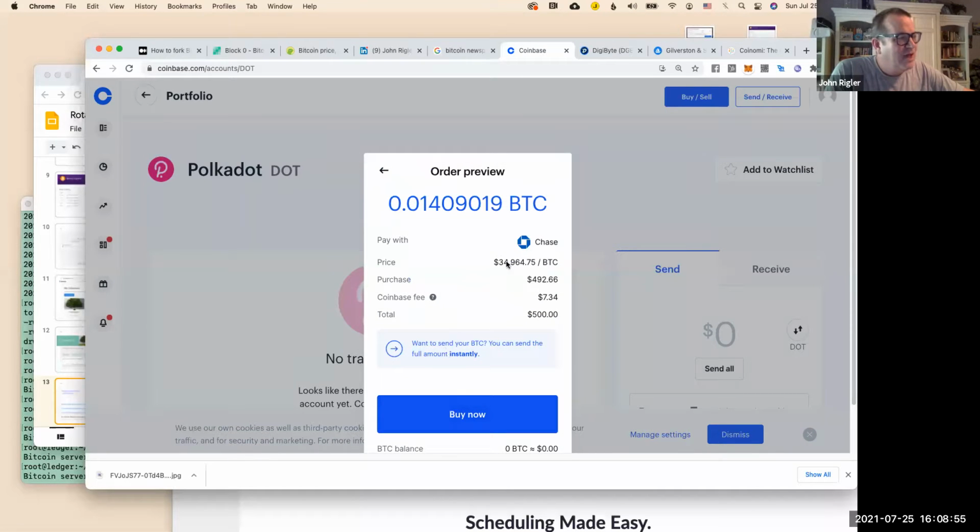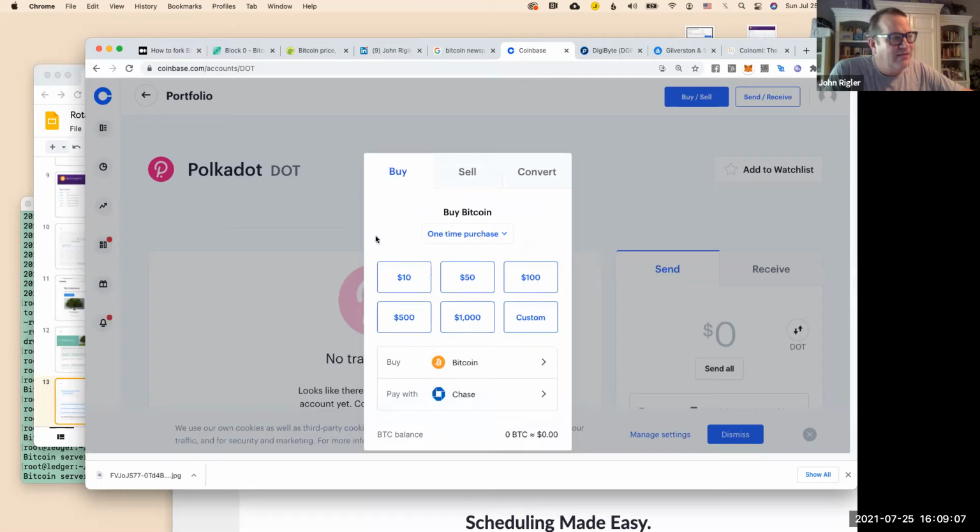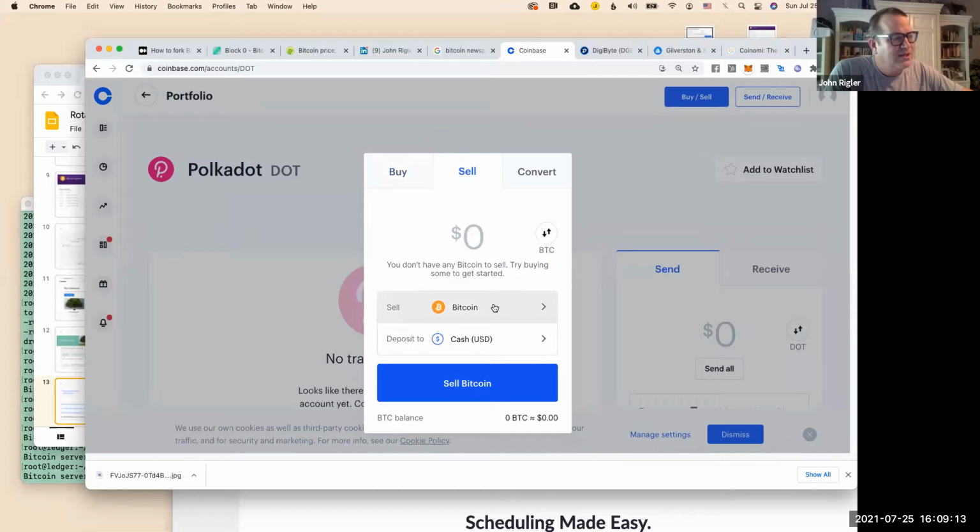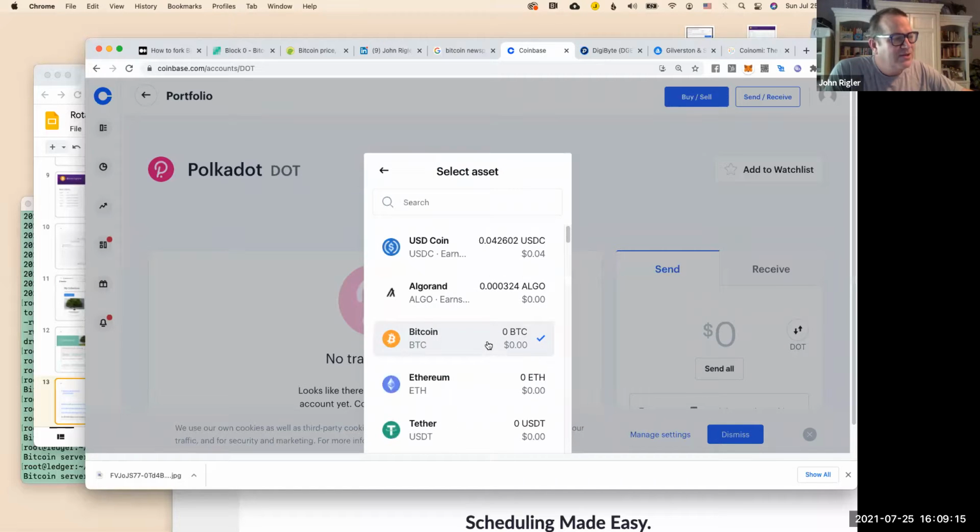So I'm going to buy 500 Bitcoin on Coinbase. My fee is $7.34. And you can just sit here and look at that, right? And then there's selling. You can sell whatever you want.